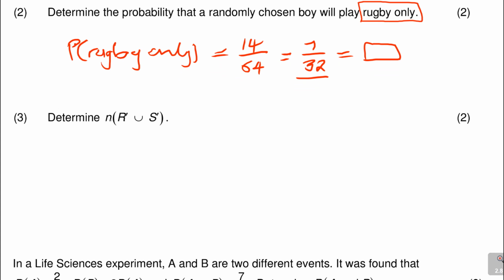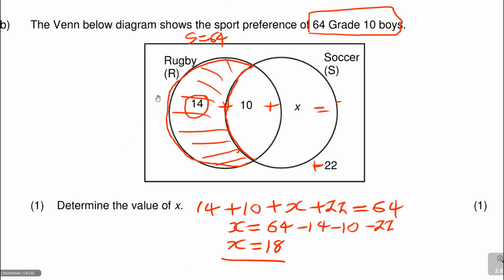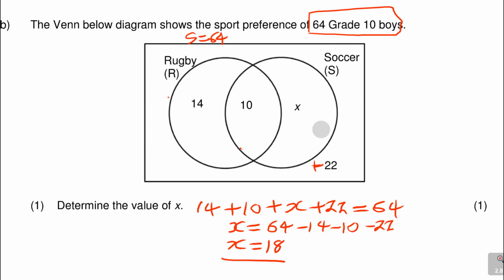Determine the number of not R union not S. So let's go and find the number of R union S first. So if they say R union S, what were they meaning? They were meaning R, this is rugby, union S is everything here.